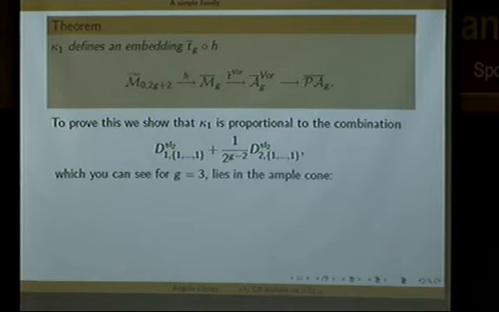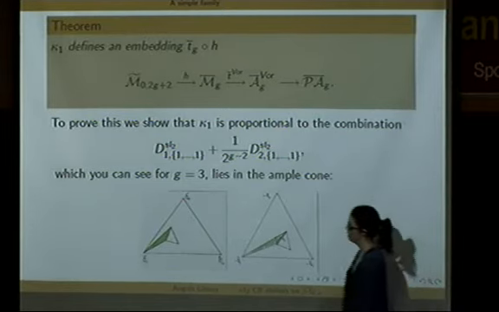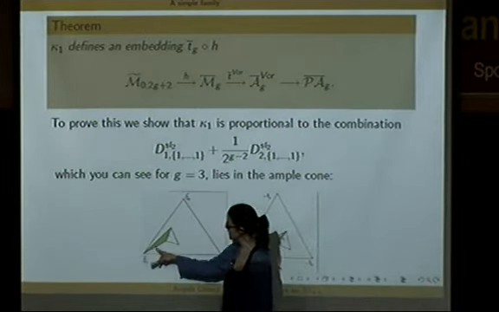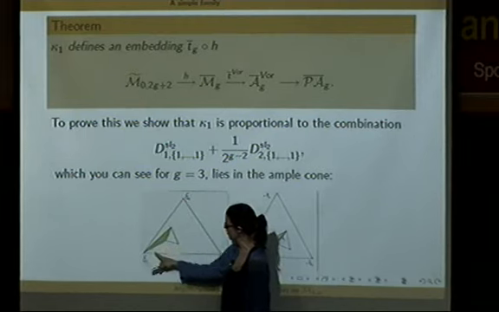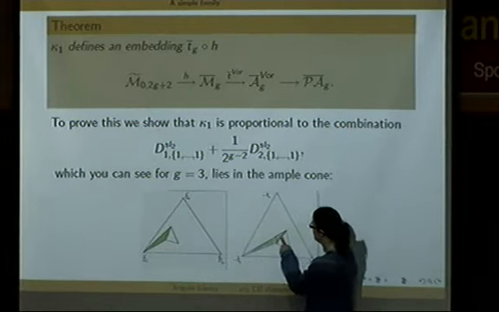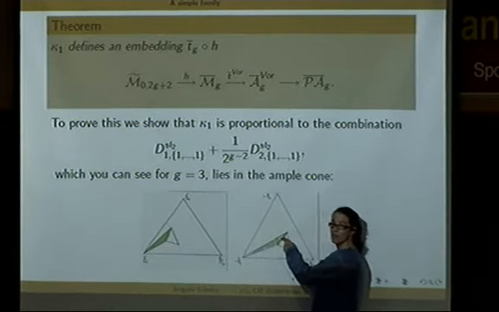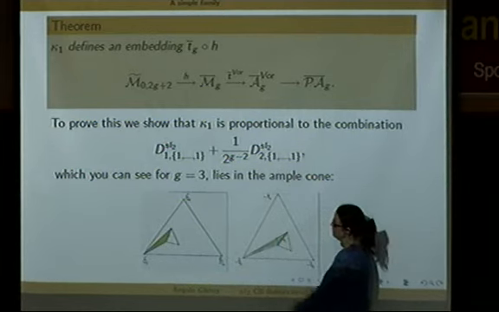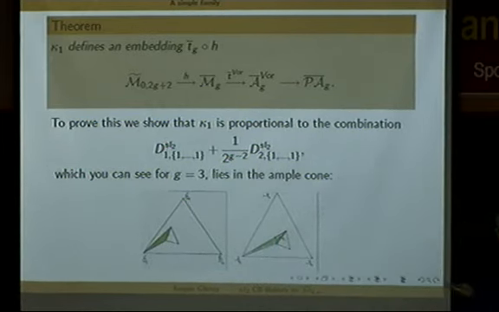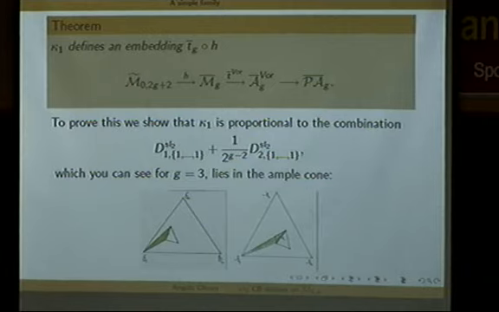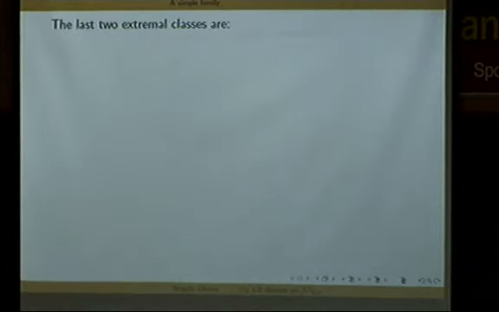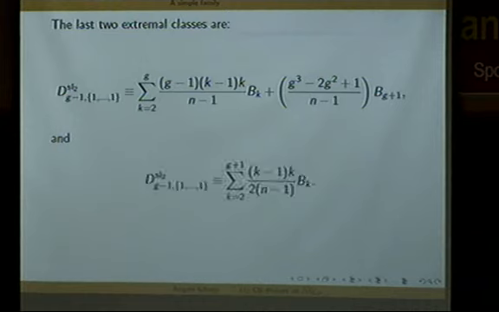So let me show you in the picture for g equals 3. This is the second Voronoi chamber here. When we pull this back, we land inside of the nef cone of M0,8 tilde. Now the last two extremal classes look like this and this.